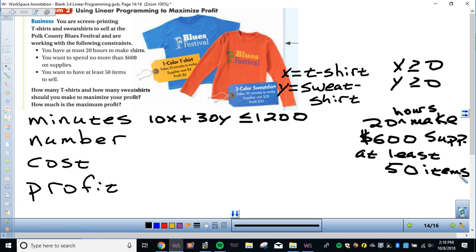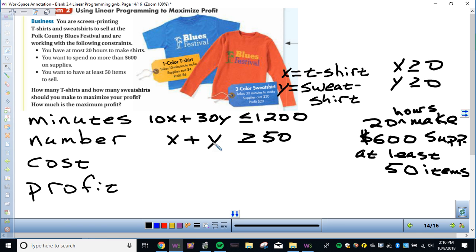At least is not less. Greater. Right? If I'm at least your age, I'm your age or greater. So at least 50. Do we know how many t-shirts or sweatshirts go here? What do you write if you don't know either? X plus Y. Just easy. Don't make it harder than that. There's no number that goes along with either. It's just X plus Y.